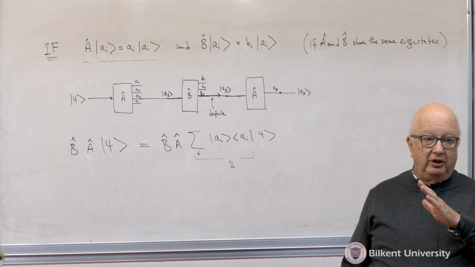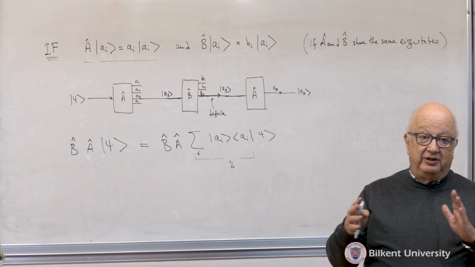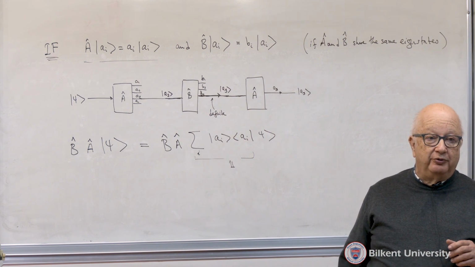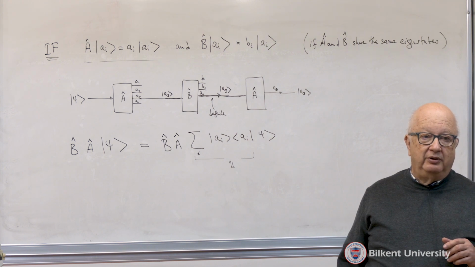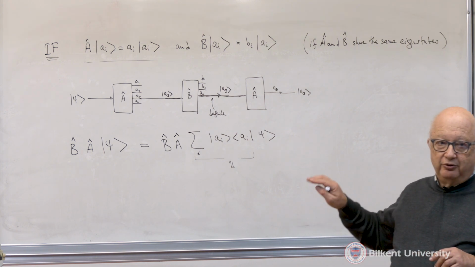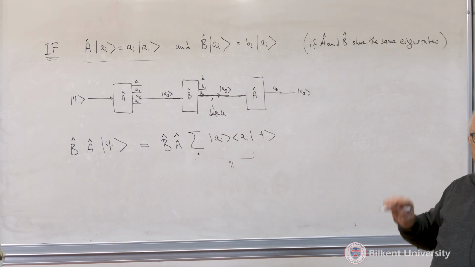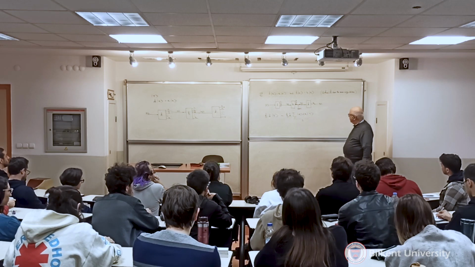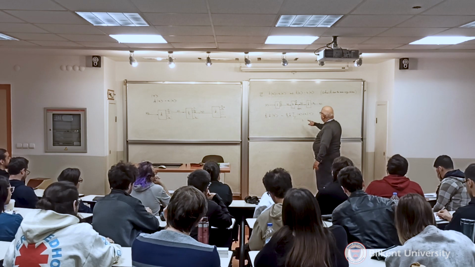If you have a potential, then the system is not translationally invariant, which means momentum is not conserved in general. So in that case, we will specify it much more precisely. Other questions? Okay, so let's go on.